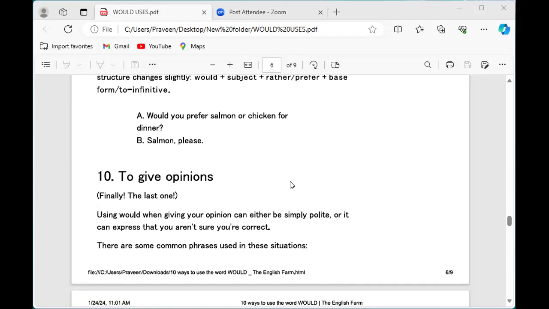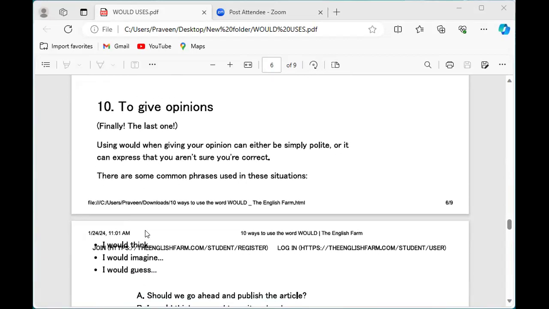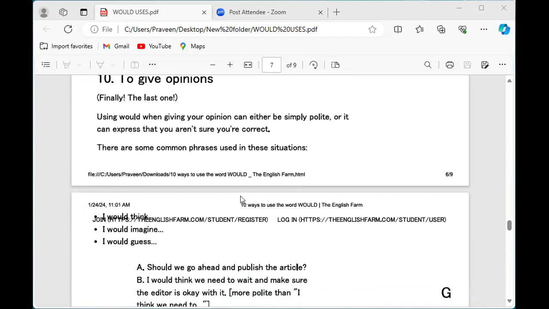To give opinions, finally, the last one. To give opinions also we use would. Using would when giving your opinion can either be simply polite or it can express that you are not sure you are correct. When we give our opinions and we are not sure, we use would.